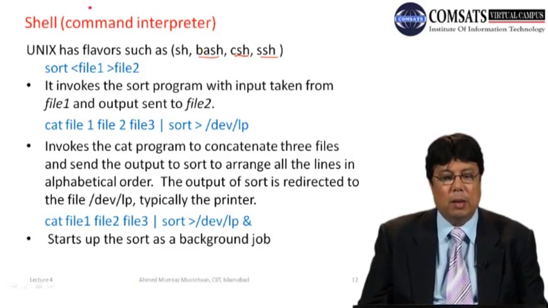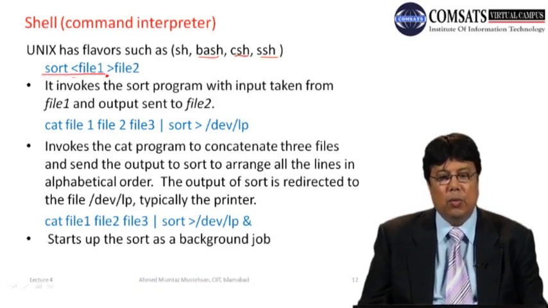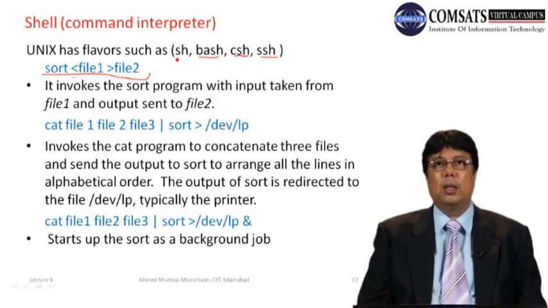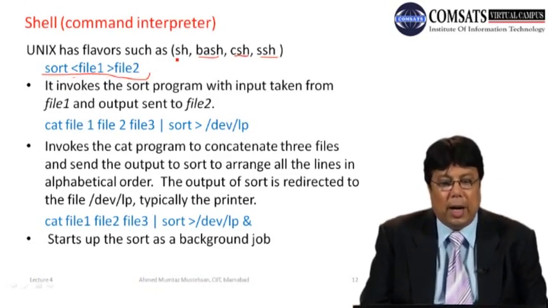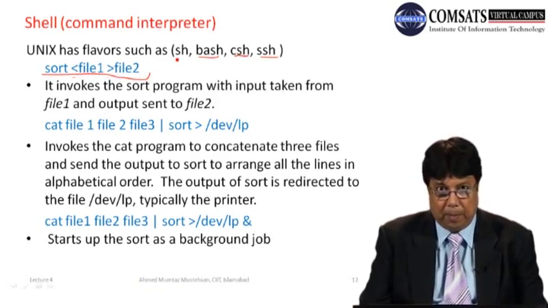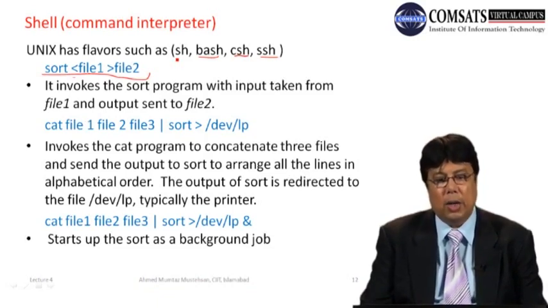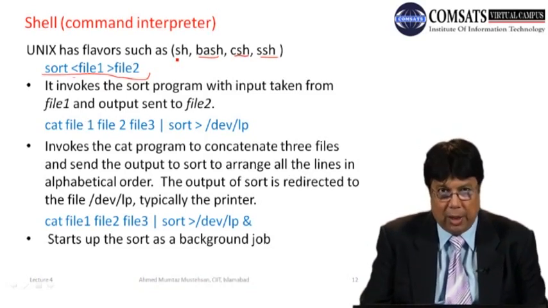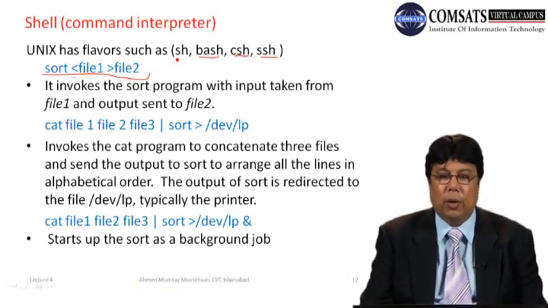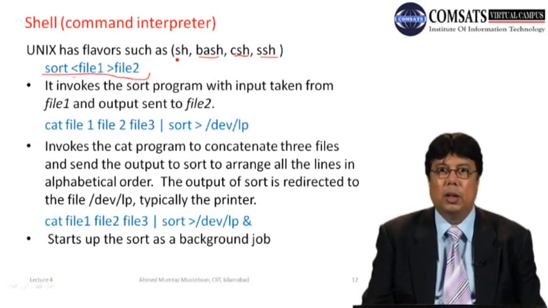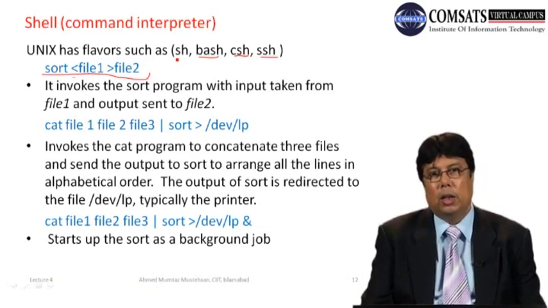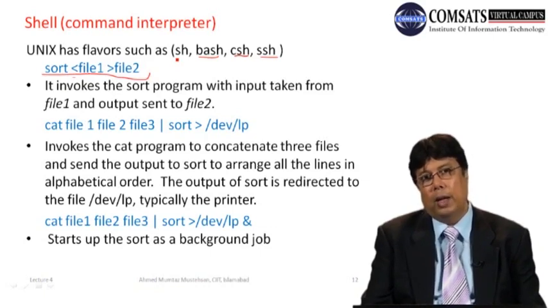And this is a very simple command that says sort file 1 into file 2. It means locate the file, file 1, and it will automatically look into your current working directory, locate file 1, open the file, read from the file, sort the contents of the file, and write the output into a new file.